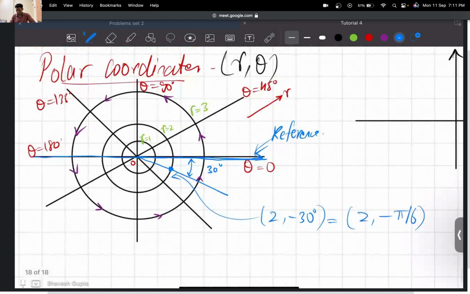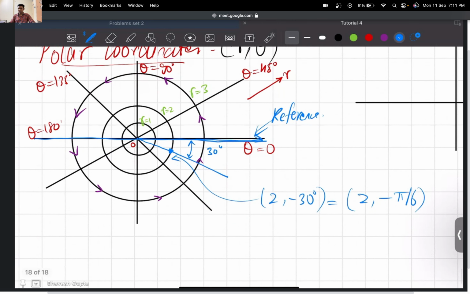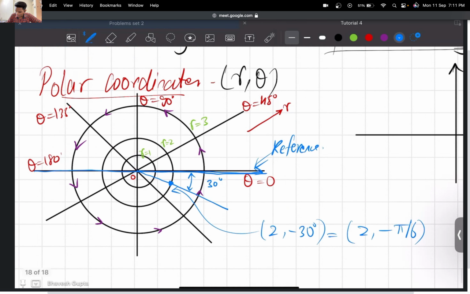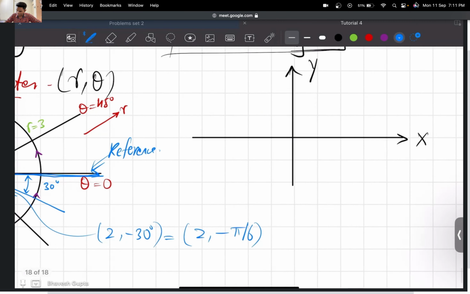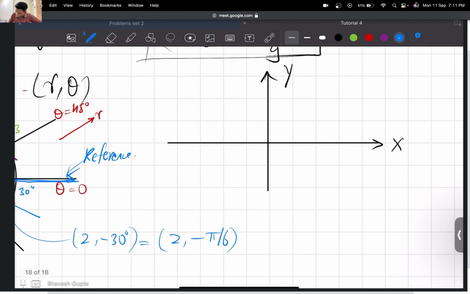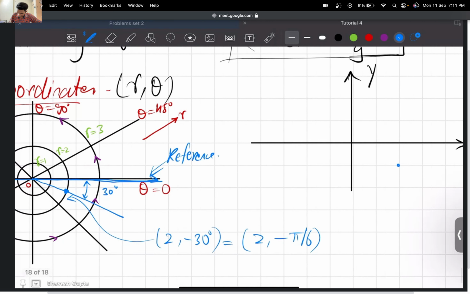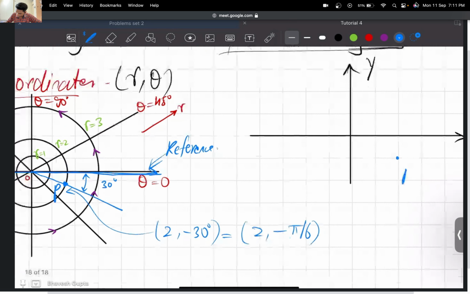And in case you want to know the quick formula for converting from xy: this is my xy, and you can have the same point here. Let's say this is some point P, which has a coordinate x comma y.